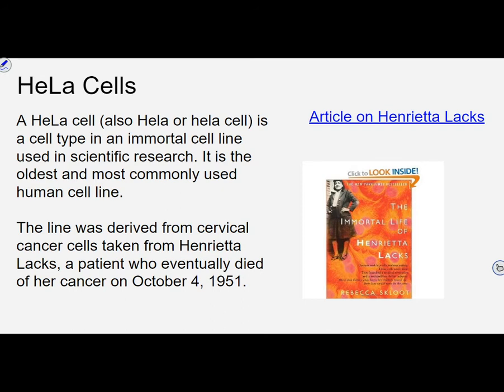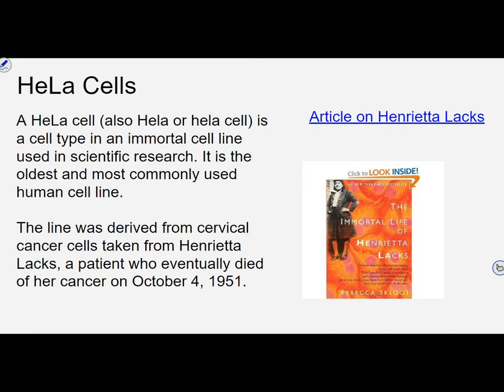The patient eventually died of her cancer on October 4th, 1951, but they still have these cancer cells in a laboratory and use them in research. It's the oldest and most commonly used human cell line in studying cancer, and there's a book here.